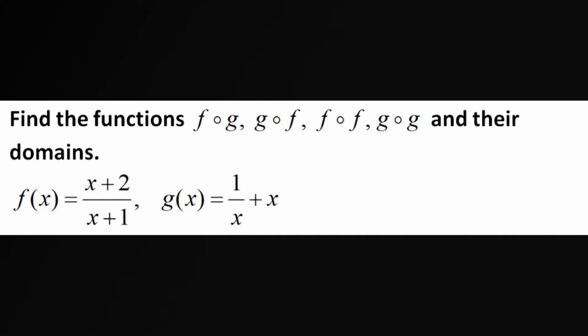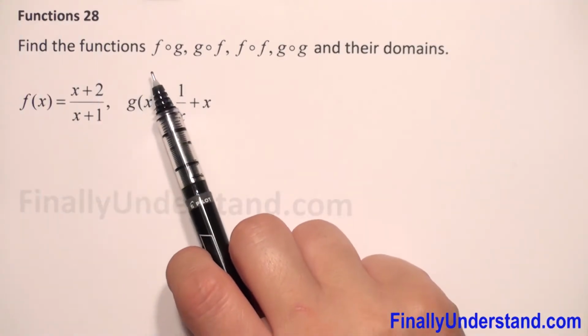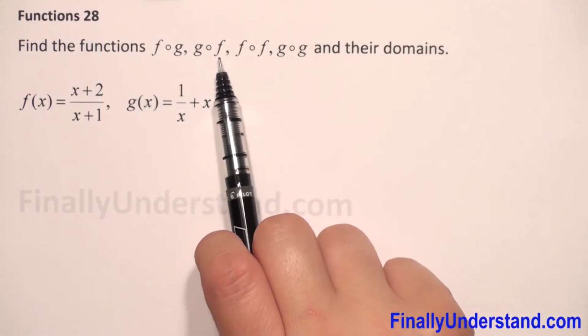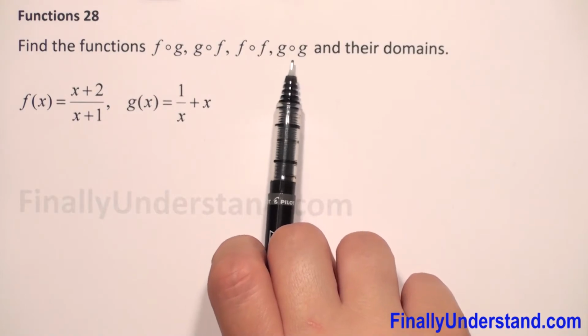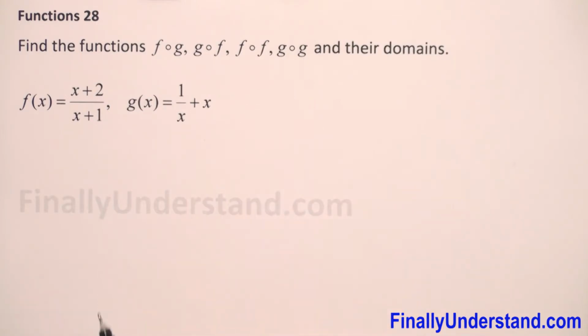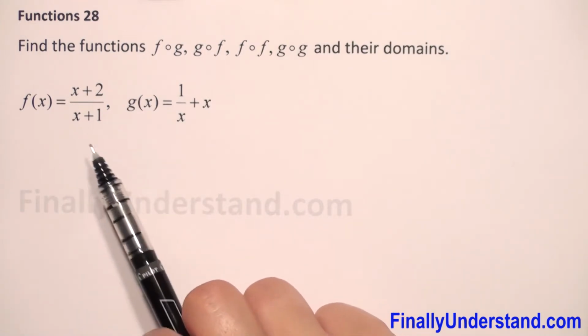We have given f and g functions, and we have to find the compositions f of g, g of f, f of f, and g of g functions. So, first, look at our f and g function.